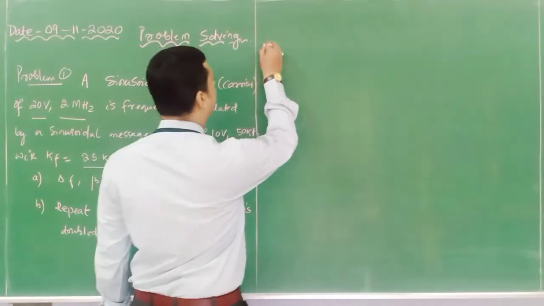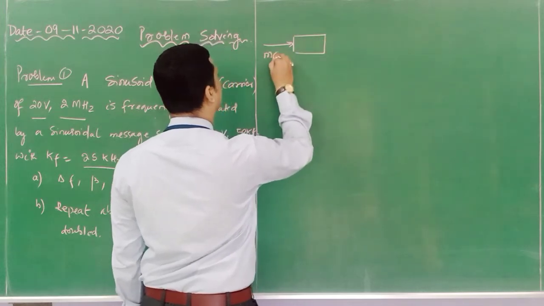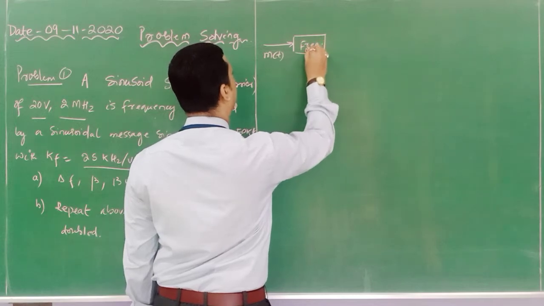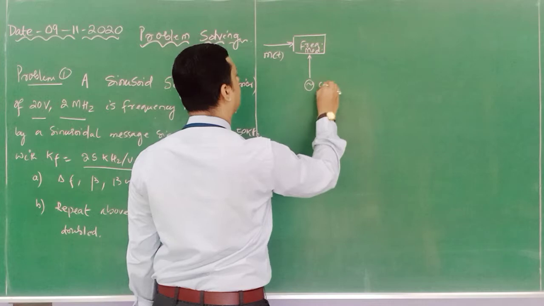Now here what happens, first the message signal enters the frequency modulator in which the carrier component c(t) is also there.